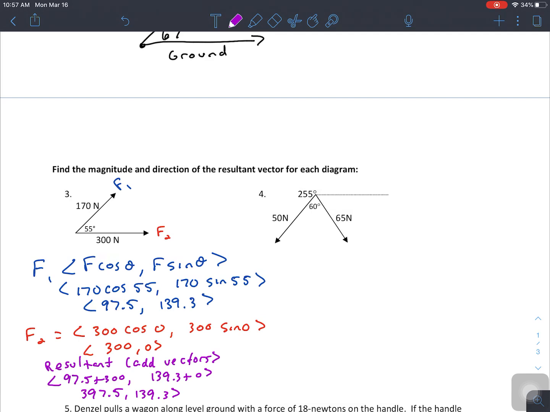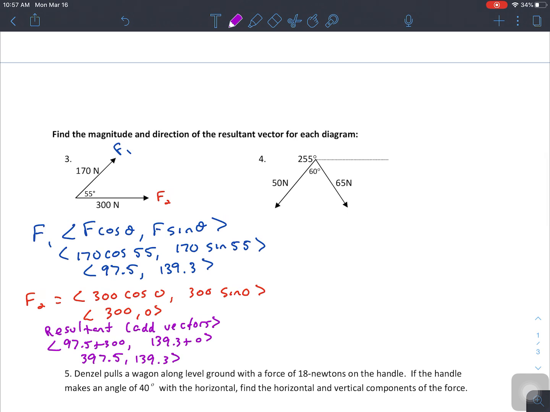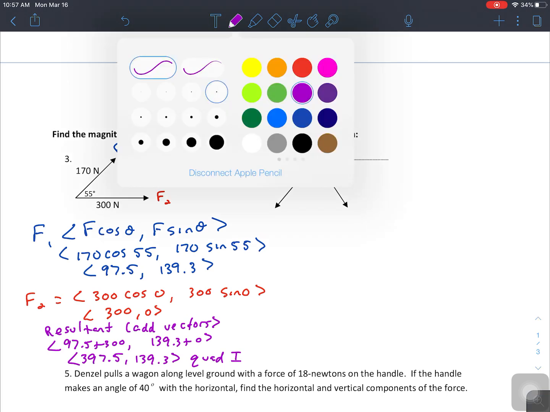Always a good idea to think about what quadrant this is going to be in. Since we have a positive x and a positive y, this means it's going to be in quadrant 1. To find the magnitude, we're going to take these two things and plug them into our distance formula.